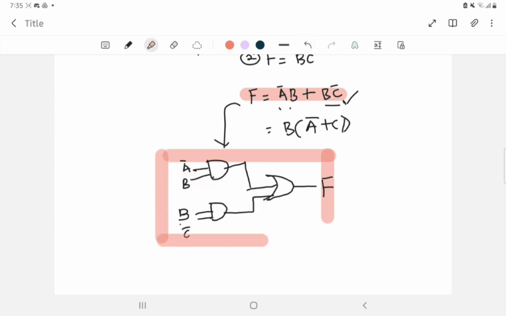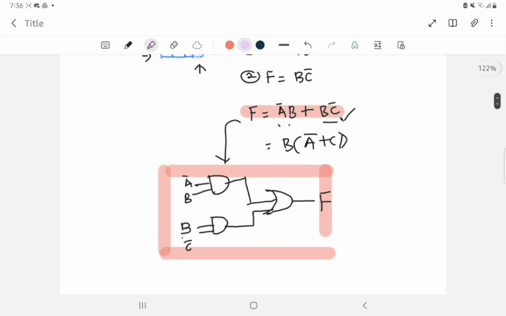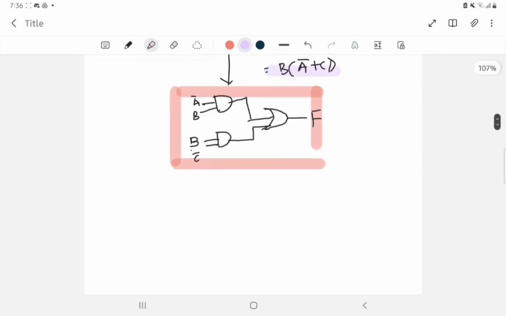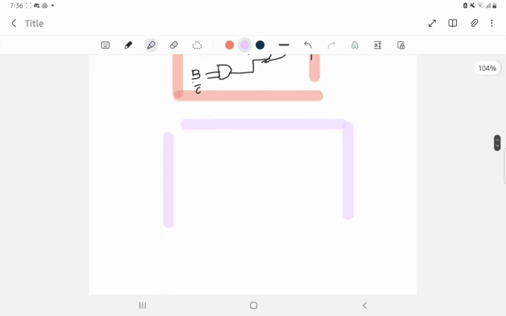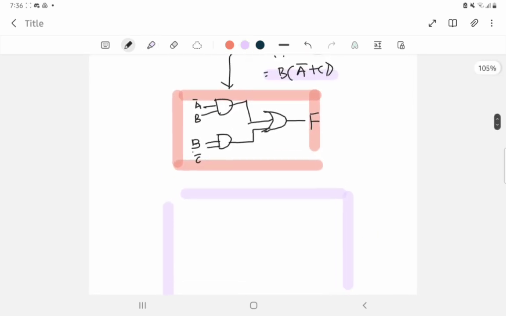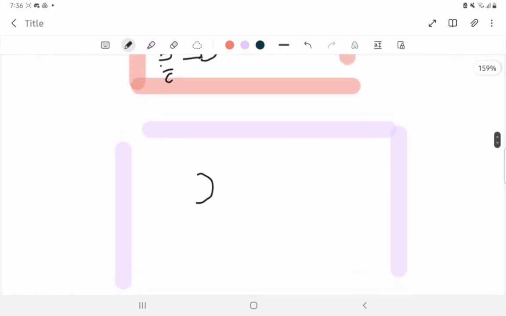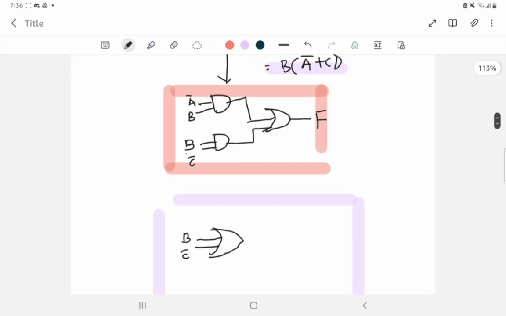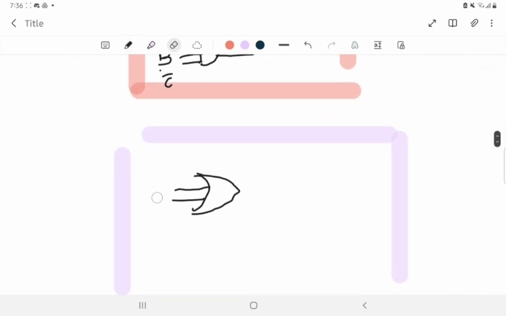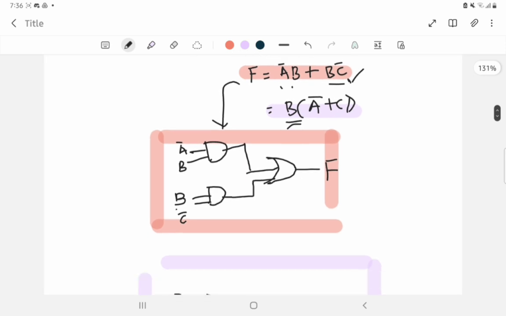Okay, what about the other one? The other one, we have to do it like this. B(A not plus C), right? So A not plus C is OR, plus is OR, right? So we do like this. A not or C. And then they attach with B, which is AND.